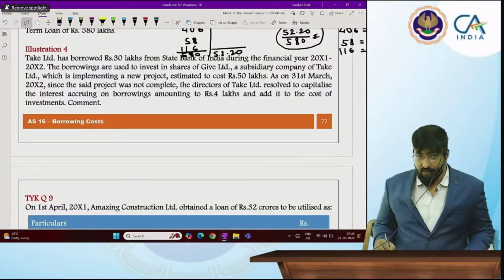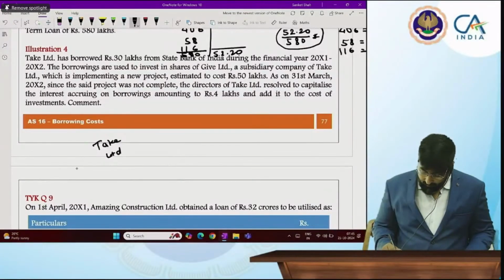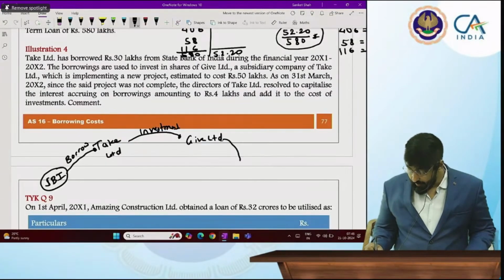Now I will give you the scenario. This is Take Limited. They borrowed from, assume, any bank, SBI. So the given bank is given. Take Limited invested in the shares of Give Limited, and they have done expenditure on this qualifying asset.